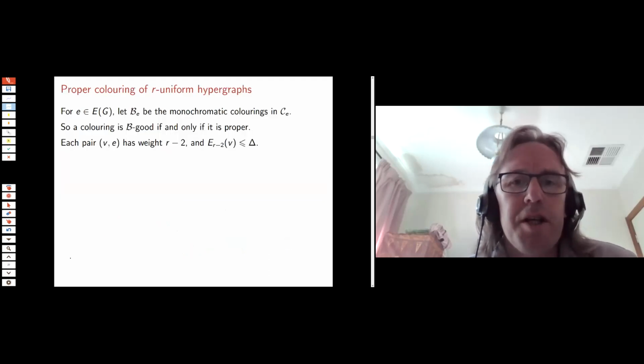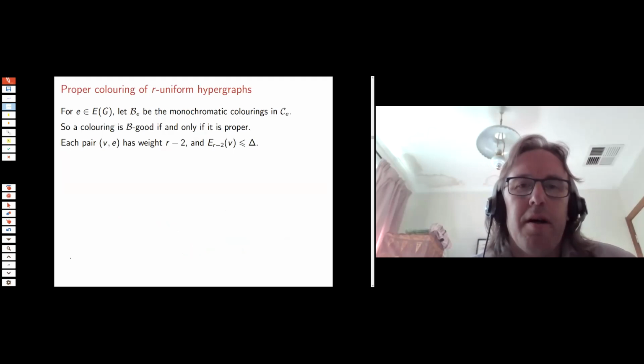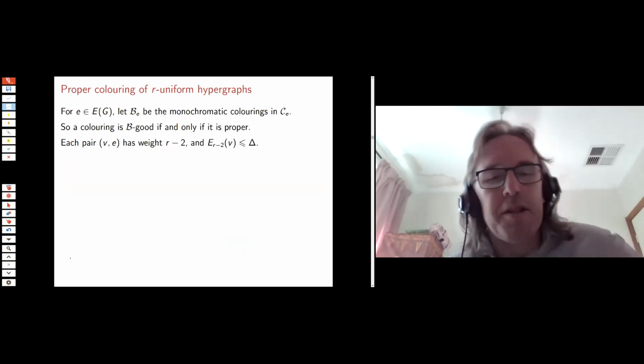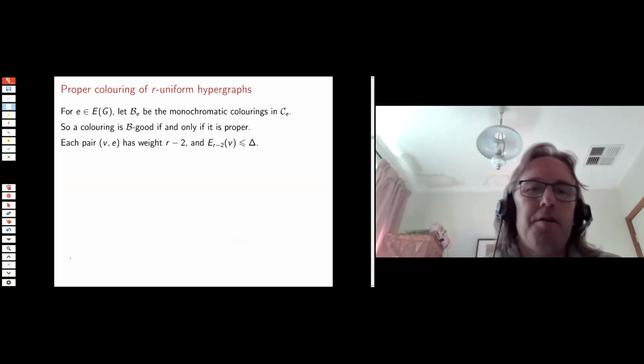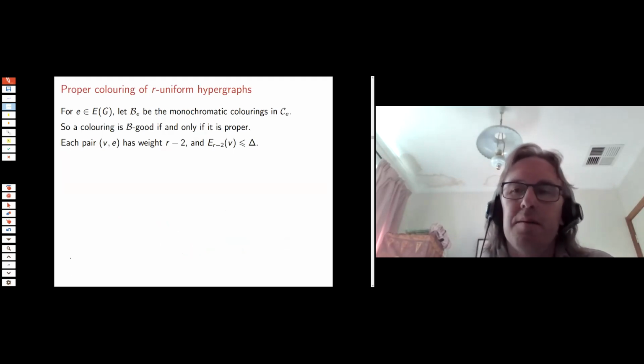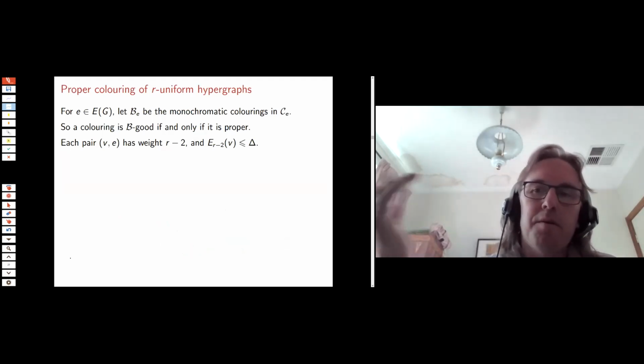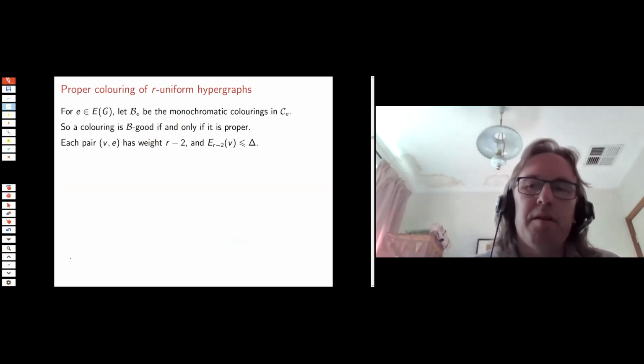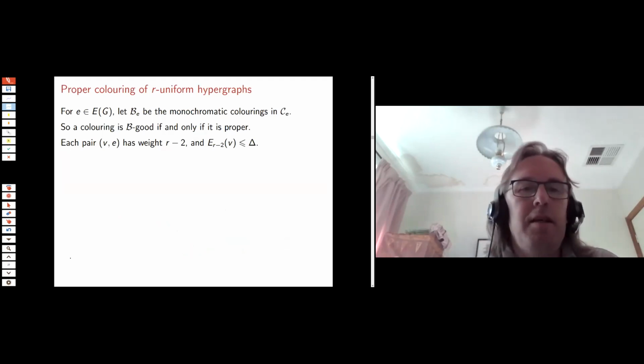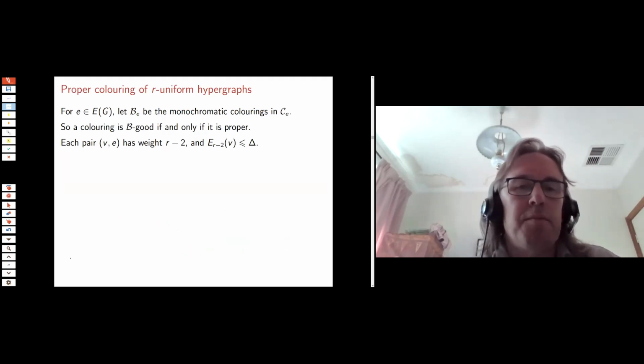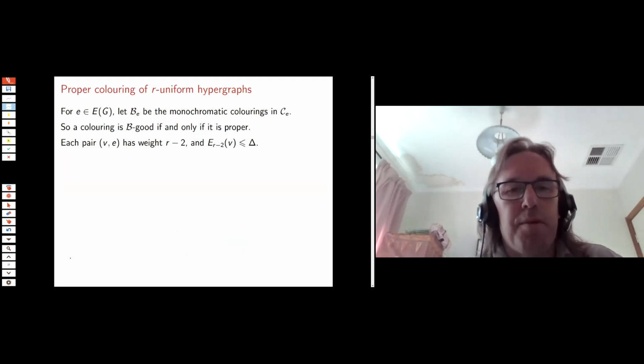First of all, let's check that it works for r-uniform hypergraphs, which was the original setting. So you define B_E to be the colorings that you want to avoid. So let's define it to be the monochromatic colorings of the edge E. So obviously a coloring is B good if and only if it is proper.